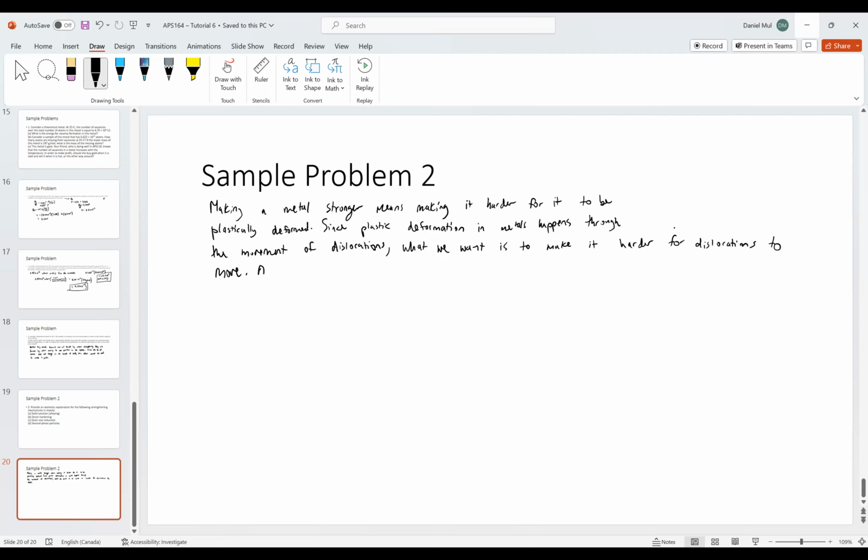So an important concept is that in a dislocation, there is a region under tension and a region under compression.